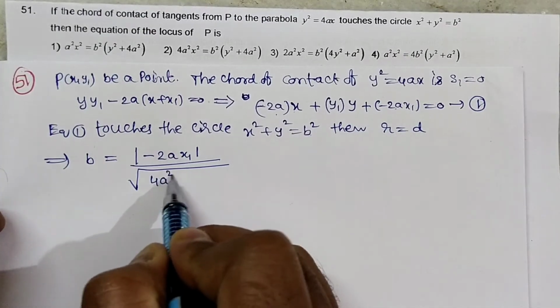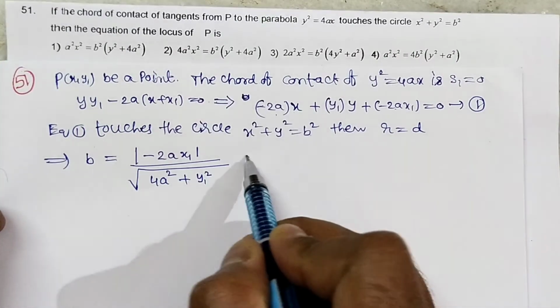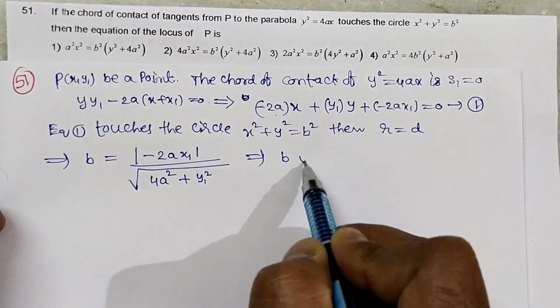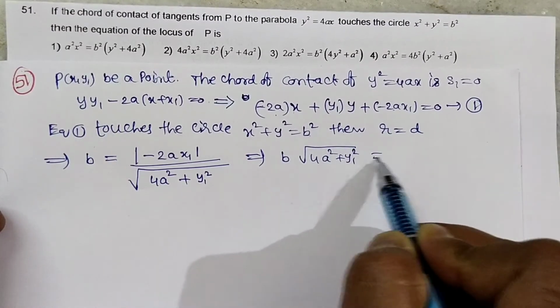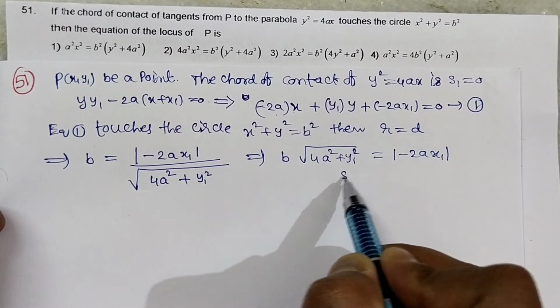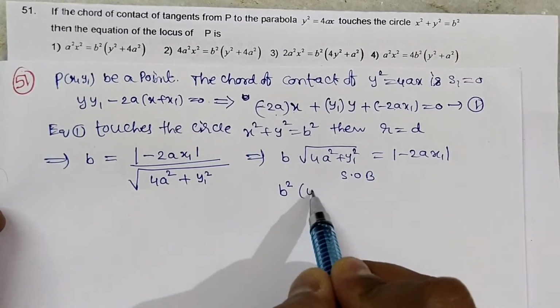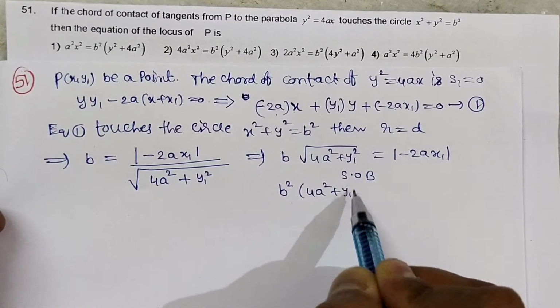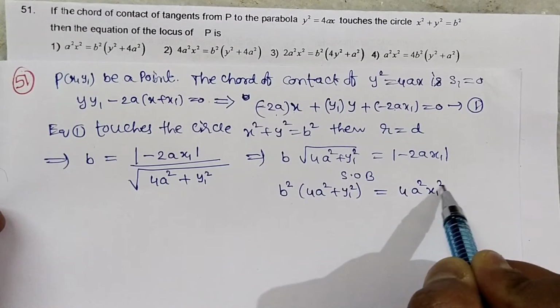Minus 2a whole square is 4a square plus y coefficient whole square is y1 square. So cross multiply: b into root of 4a square plus y1 square is equal to mod minus 2ax1. Squaring on both sides, we get b square into 4a square plus y1 square is equal to 4a square x1 square.